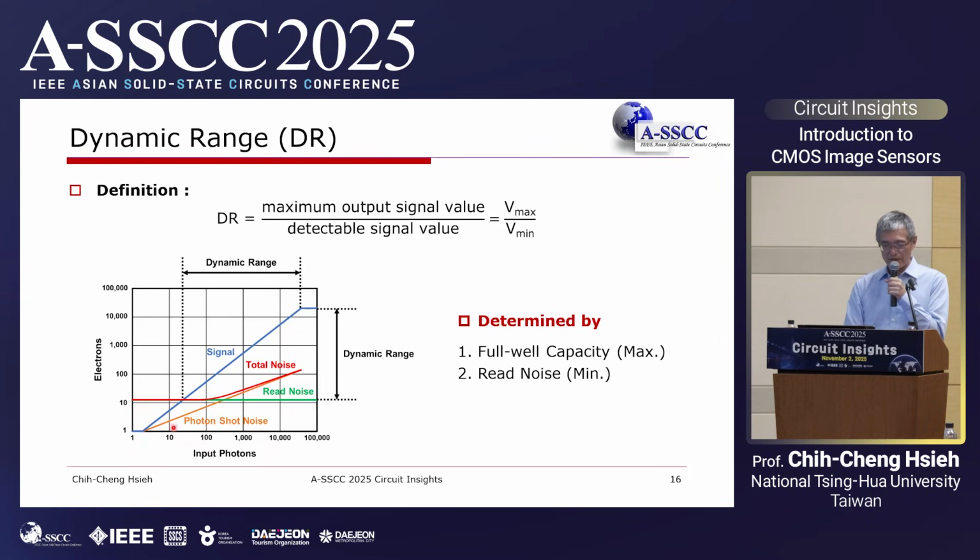But the other one is the shot noise. The shot noise is related to the input photons, and I will explain more later in detail. But you can just get the idea that photon arrival is a random process.